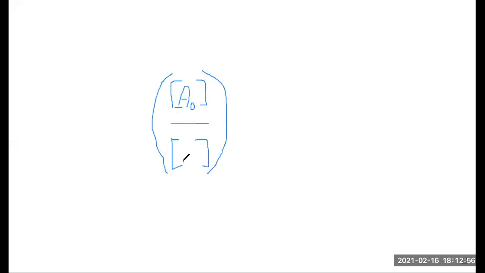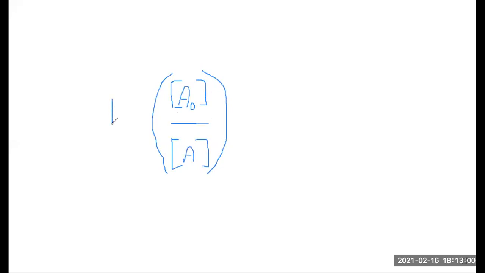All right, so we would have big parentheses like this, and you would have your A0 on the top here. And you would have your line, and you're going to have A on the bottom.